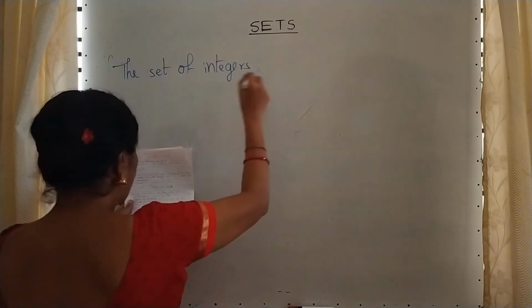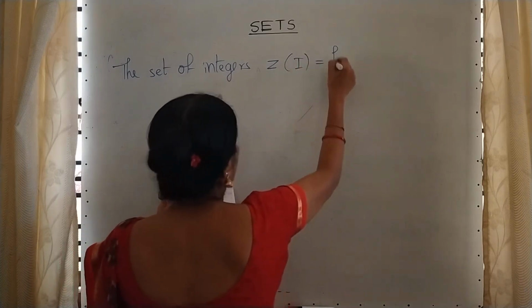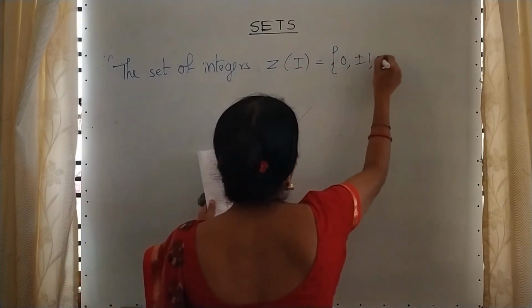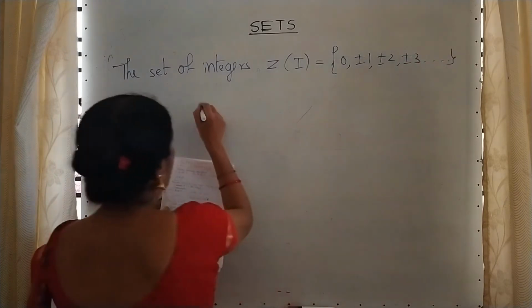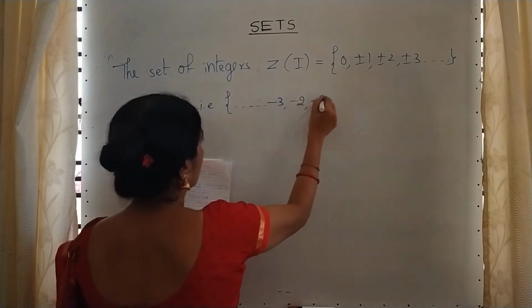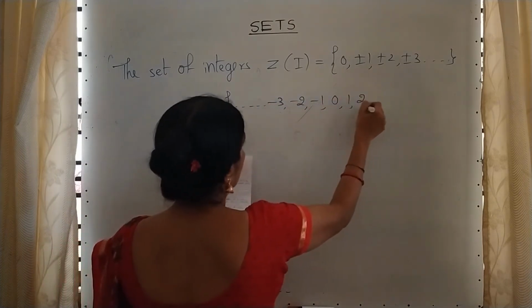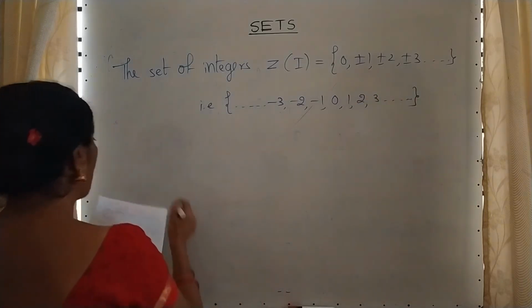We denote it by Z or I, and it contains 0 and plus or minus numbers.